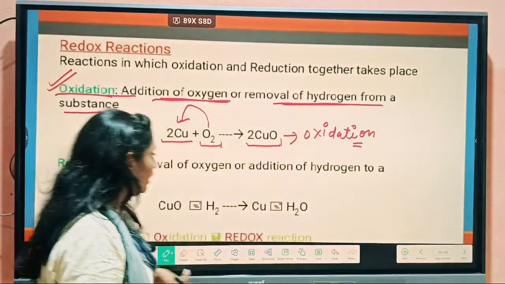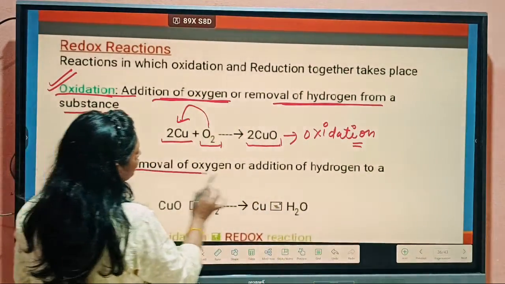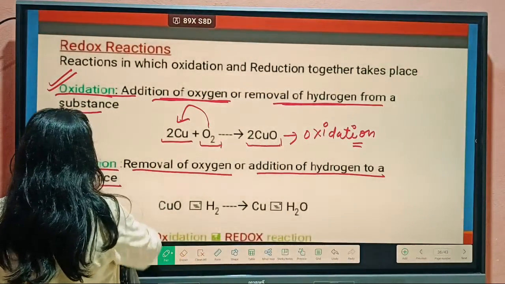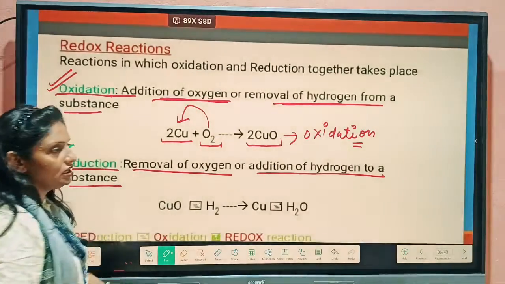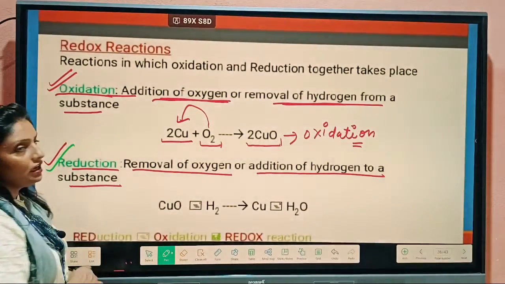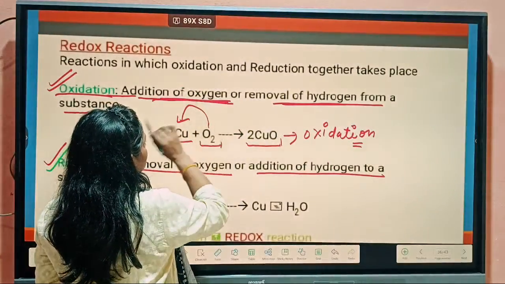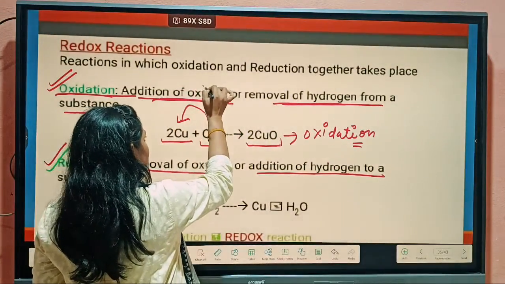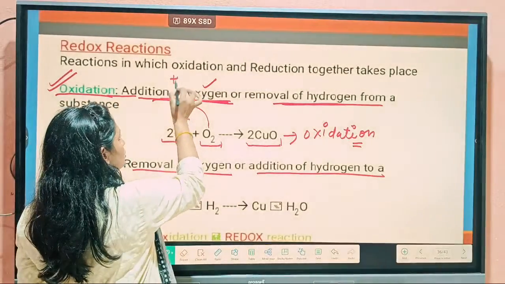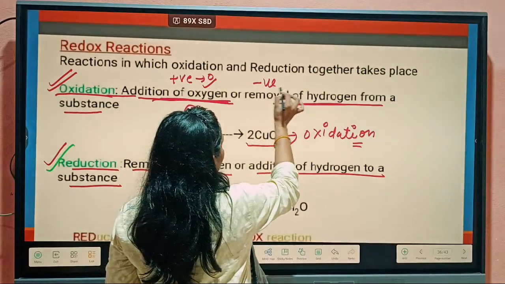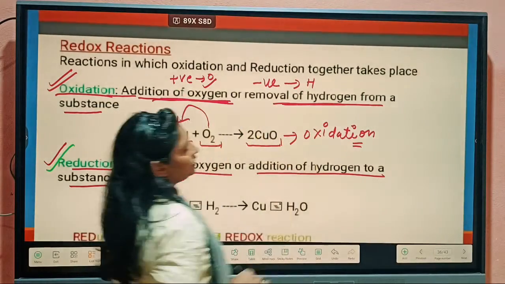Okay students, what will happen when removal of oxygen and addition of hydrogen take place? Then that process is known as reduction. So students, here you can see in case of oxidation, addition of oxygen takes place, but removal of hydrogen takes place.